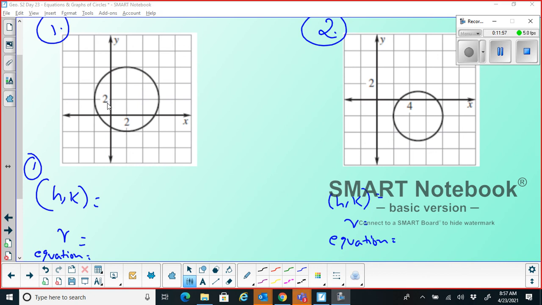So let's see here. I know the center of the circle is over here, and this is the origin, so it should be 2 comma 2.